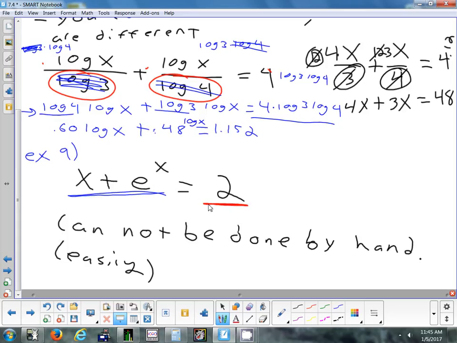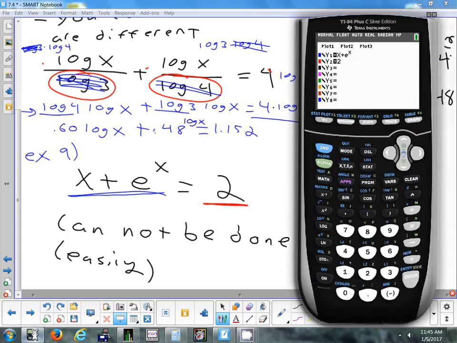And I want to know where the two graphs are equal. What does that mean? If you draw two different pictures, and you want to know where this picture in blue equals this picture in red, all that means is where the graphs intersect. So very easily, the calculator can tell me exactly where they cross, and I don't really have to do any work at all. Okay, that's the one in blue.